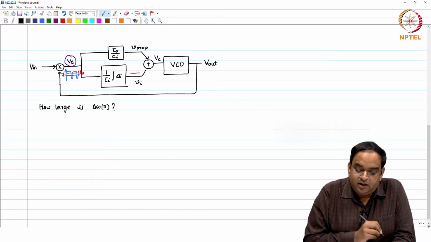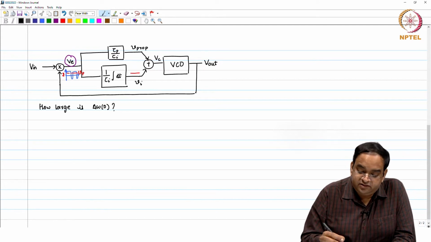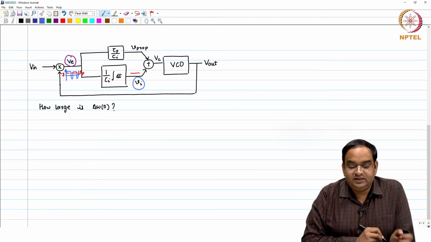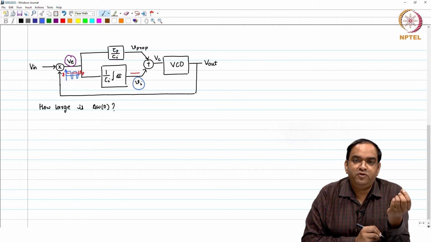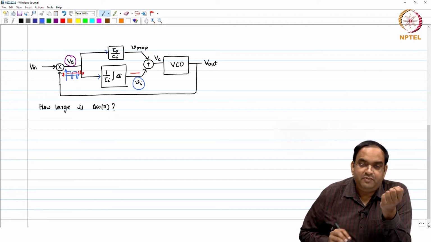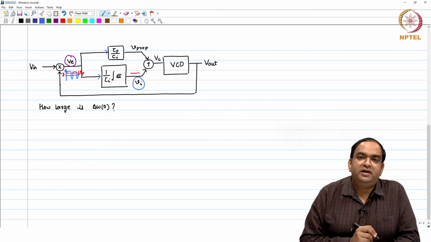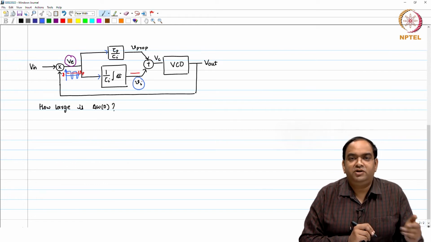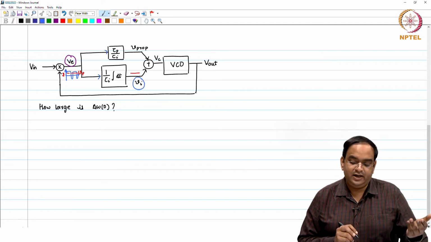The way this particular PLL works is it can generate any voltage Vi, because it is just like an integrator. Even if you give a very small input to an integrator, over a given period of time it is going to generate whatever voltage you need. You give more time to an integrator, it will integrate a larger value.